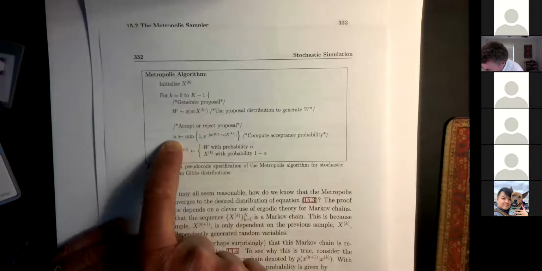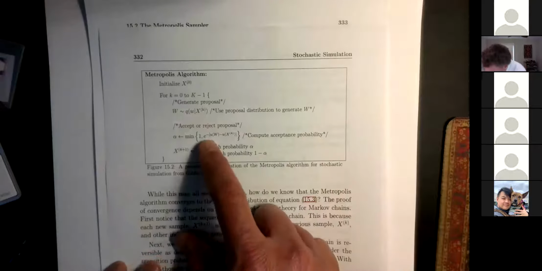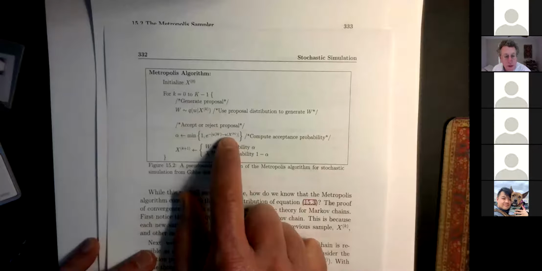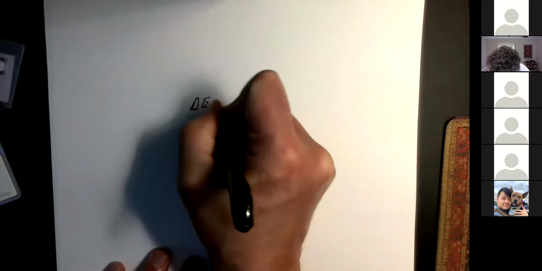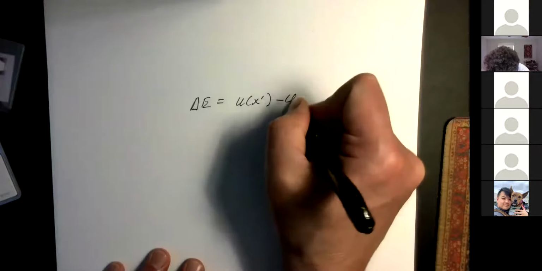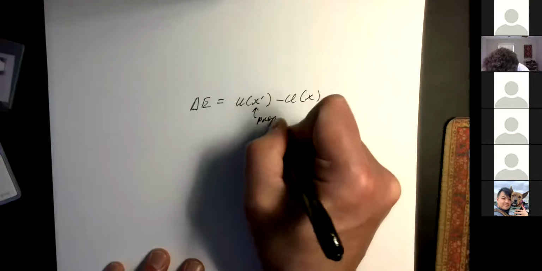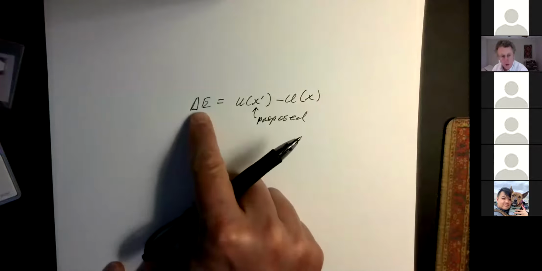So you calculate alpha, the acceptance probability. You'd say, well, what the heck is this expression here? This is delta E. Delta E is equal to U of X prime minus U of X. This is the proposed new state, so this is the change in the energy.